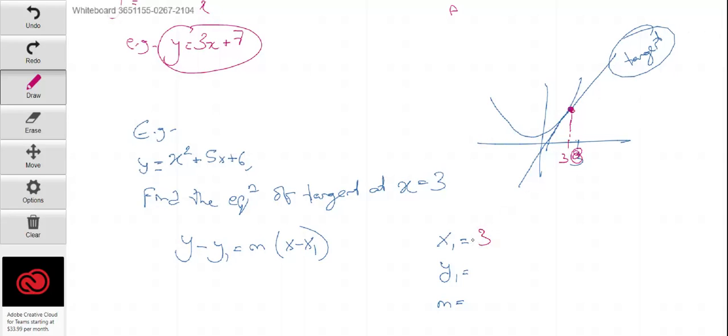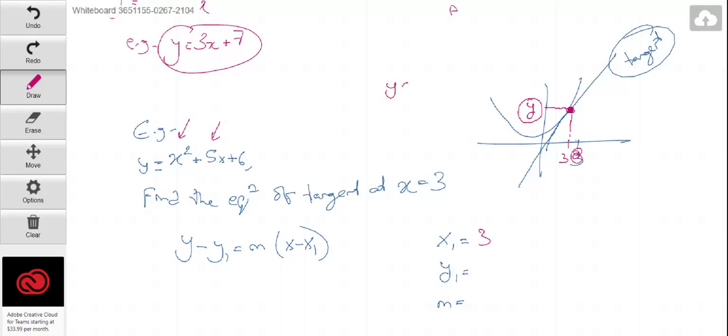one of the x coordinates through which our tangent passes is given. It's 3. We also want to find the y coordinate, and since we know the equation of the curve, and notice how the curve and the line are meeting at the red dot over here, we can figure out the y coordinate at x equals 3 by substituting x equals 3 here and here, because the equation will also give me the y coordinate of the curve, which is right over here.